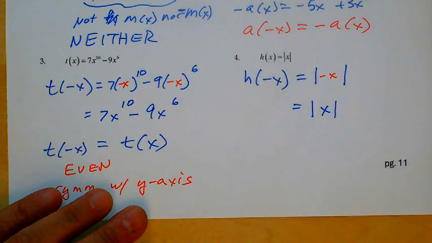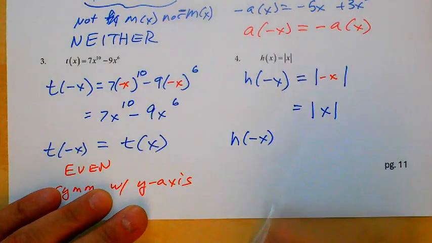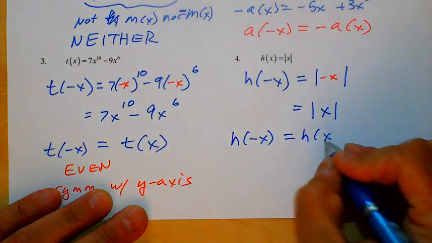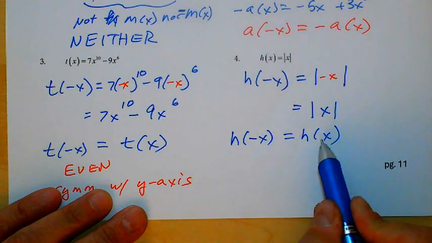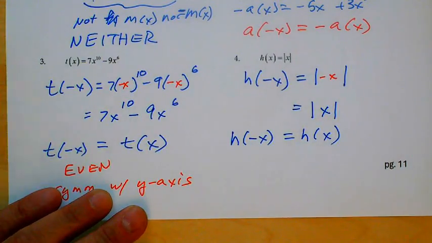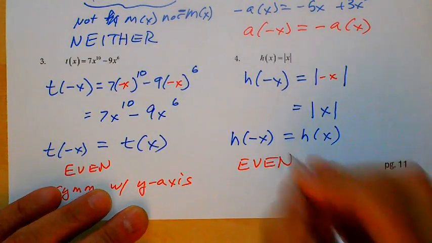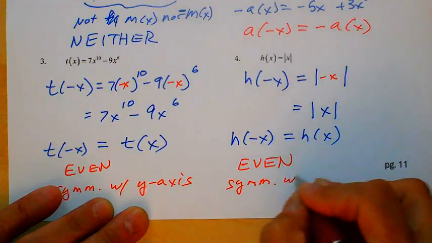So algebraically, we have thrown in the negative x where the x is. What came out of that after we did all the mathing is the original function. So h of negative x equals the original function. So once again, my friends, we're looking at an even function. And this will again have symmetry with the y-axis.